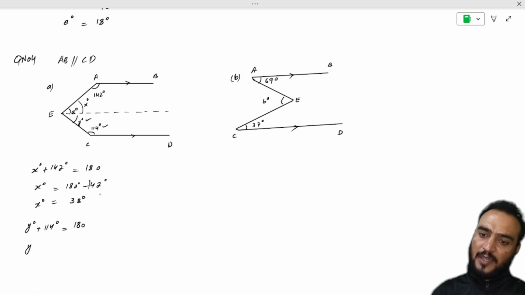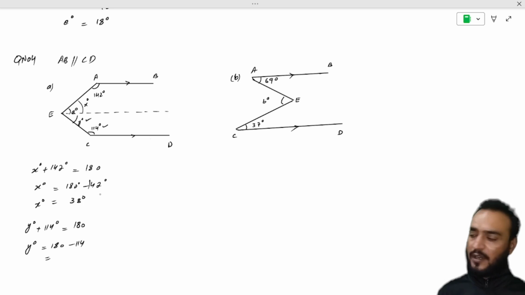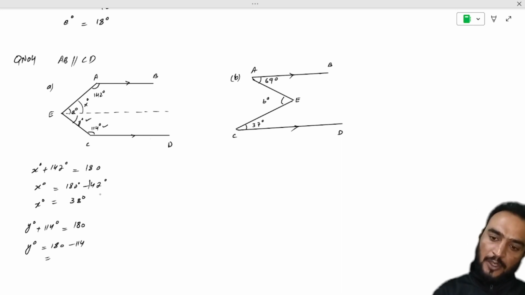So now let us subtract 114 from 180. After subtracting, we get that 180 minus 114 is equal to 66 degree. So the value of y degree is 66 degree.